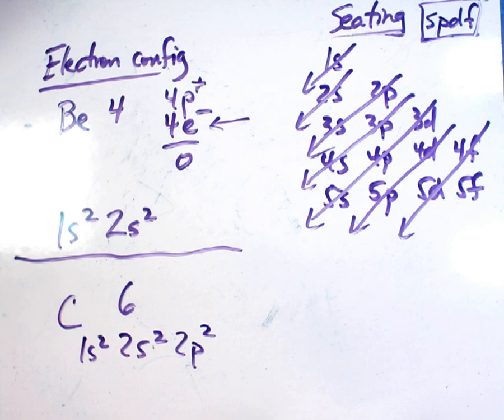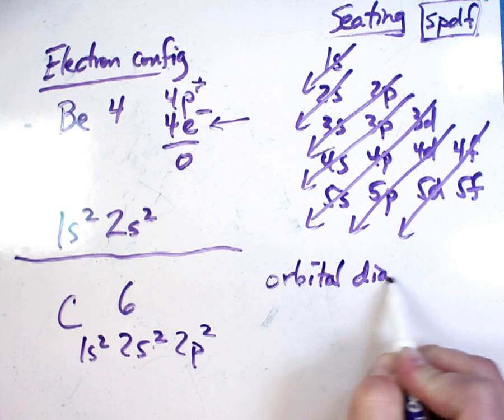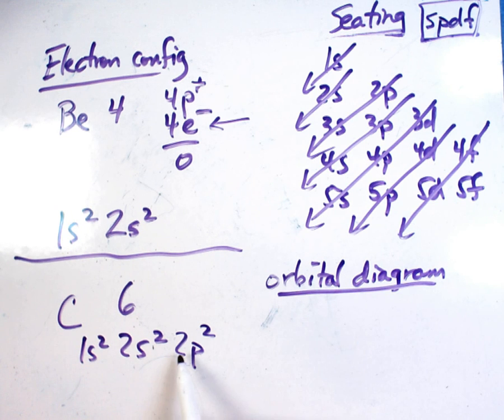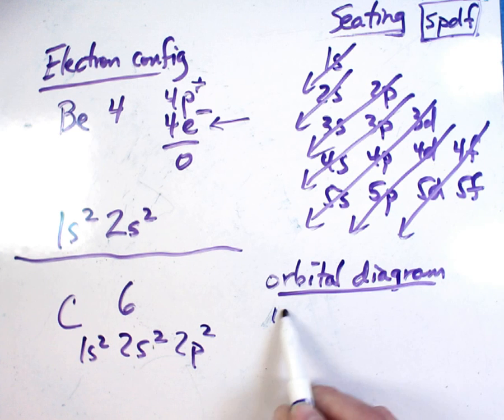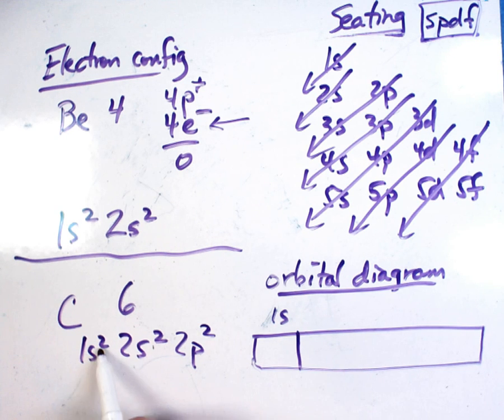As a matter of fact, you can actually show it a little bit better by doing what's called the orbital diagram. The orbital diagram is super easy because the orbital diagram comes off of this. Here's what it looks like. It's a long box like this. 1s is one box. Remember from your picture in the last video? It holds 2 electrons.